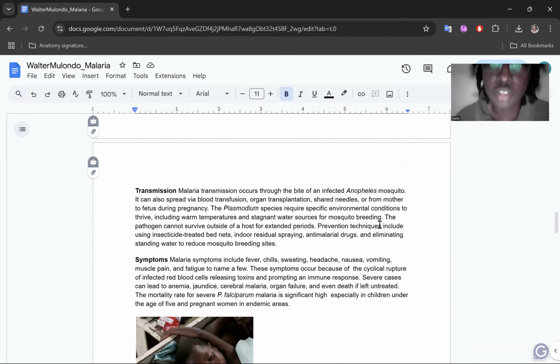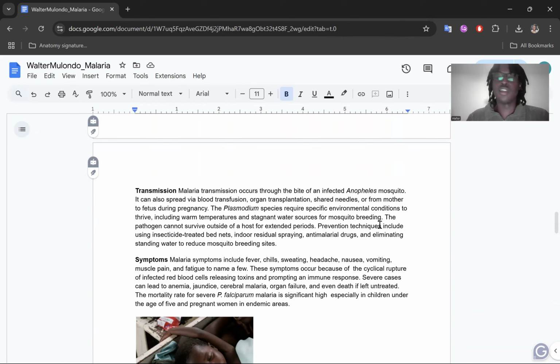Transmission. Malaria transmission occurs, like I said earlier, through the bite of an infected female Anopheles mosquito. It can spread via blood transfusion, organ transplantation, shared needles, or from mother to fetus during pregnancy, pretty much everything involving blood-to-blood contact. The Plasmodium species requires specific environmental conditions to thrive, including warm temperatures and stagnant water sources for mosquito breeding.